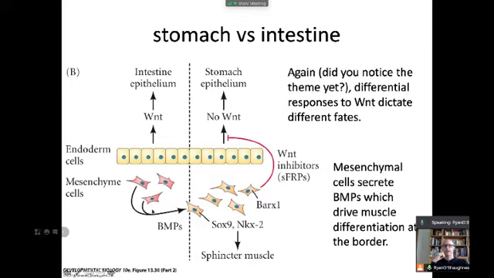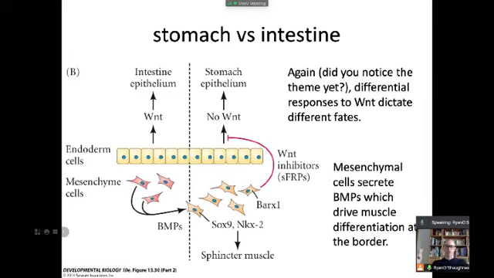So if our mesenchymal cells express Wnt, Wnt signaling defines intestinal epithelium. However, as we recall in our stomach, we get the mesenchymal cells secreting these Wnt inhibitors, these secreted frizzled-related proteins, and these bind to and inhibit Wnt signaling, and this specifies stomach epithelium.